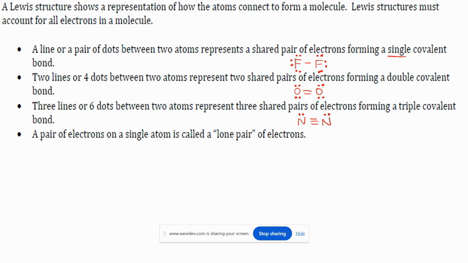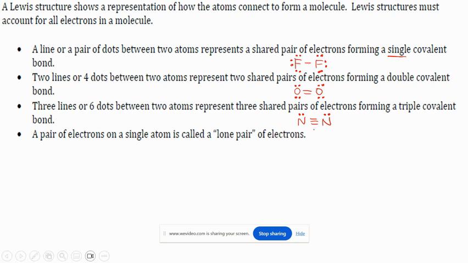So that fluorine would end up having 8 electrons around it because it's sharing an electron from this fluorine. This oxygen would have 2, 4, 6, 8 because it's sharing electrons from that oxygen. And then the same thing, we could count those up for the nitrogen. So this is what they're talking about in terms of these lines. This is a single bond, a double bond, and a triple bond.